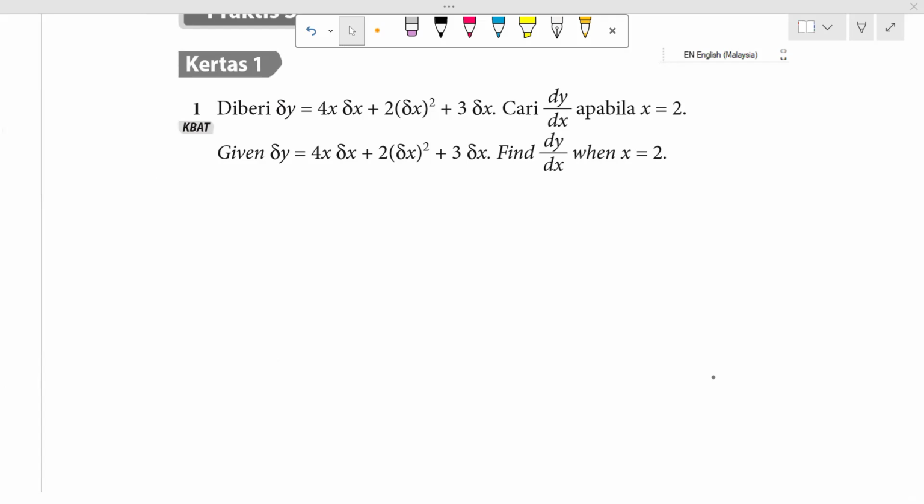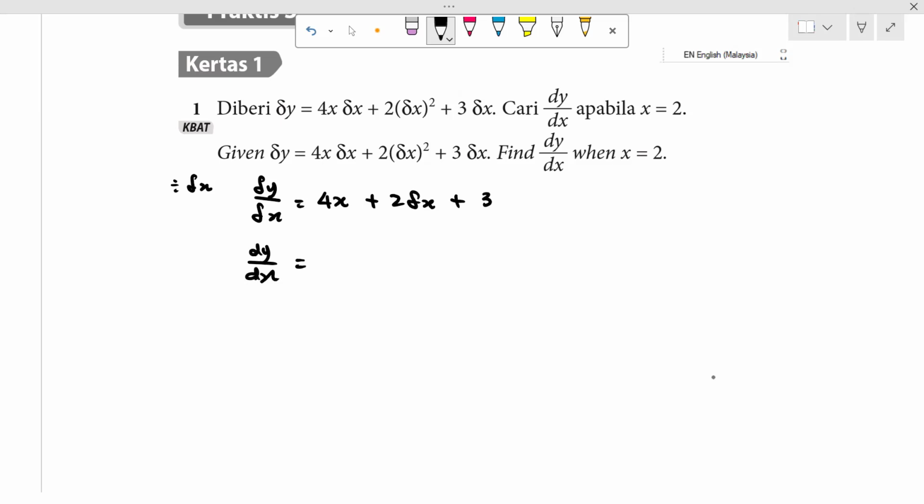Okay, so when del y equals this, we divide both sides by del x. Therefore, we will have del y by del x equals 4x plus 2 del x plus 3. Okay, now we need to find dy/dx.